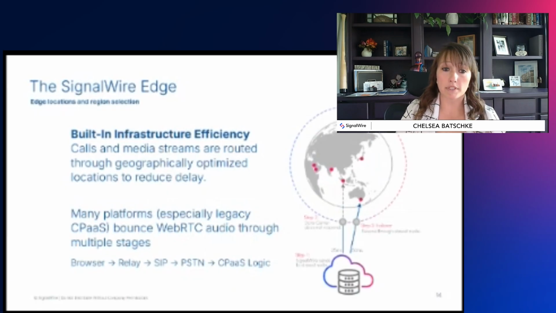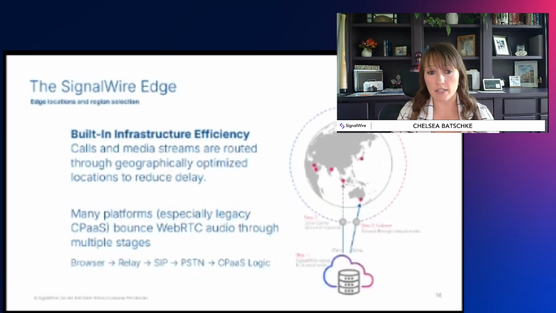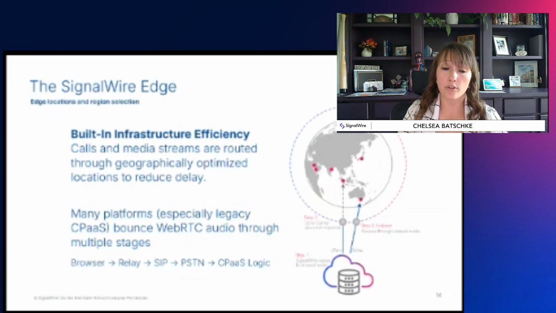Many platforms, especially some of these legacy CPaaS, bounce WebRTC audio through multiple stages. SignalWire avoids this by using a single layer router, so media stays in a direct path, avoiding relay loops, which add 100 milliseconds or more at each hop.